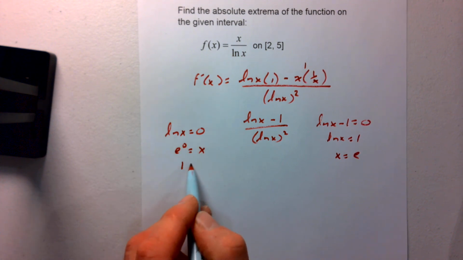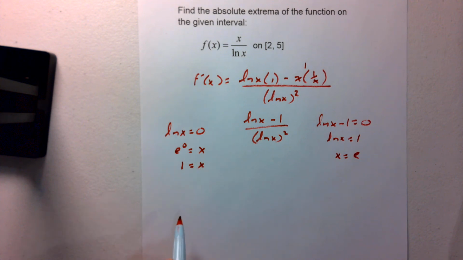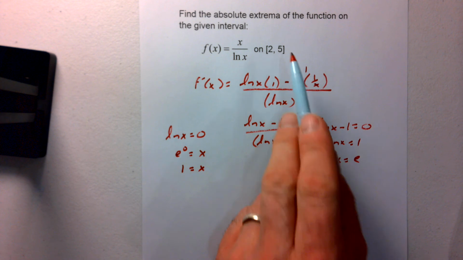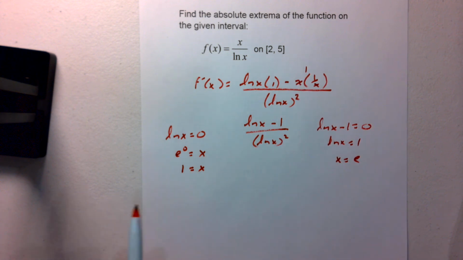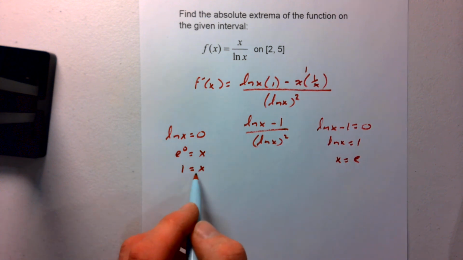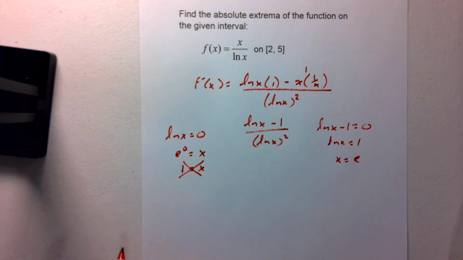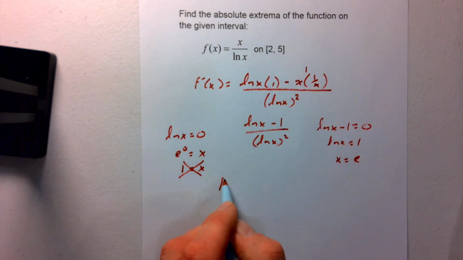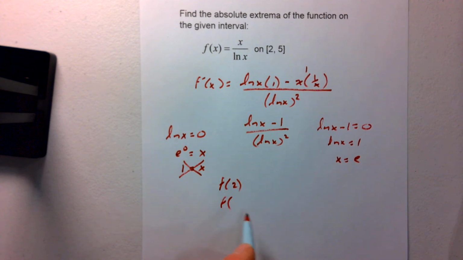And e to the 0 is 1, so we have 1 equals x. We're only on the interval from 2 to 5, so anything that's outside of that interval we can get rid of. In this case, x equals 1 doesn't make sense to us because we're only on 2 to 5. So we're going to find f of 2, f of e, and f of 5.